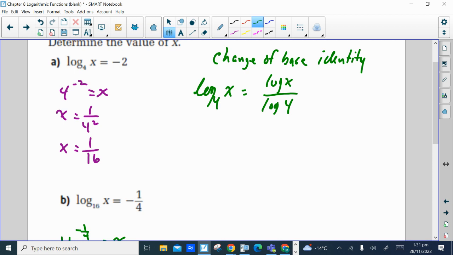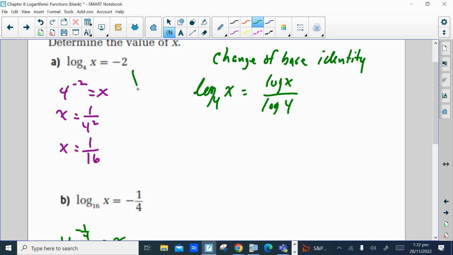Because you see these logs, log x over log 4, there's no base indicated there. So that means they're common logs, base 10. So it allows you to evaluate logs that are a base other than base 10, like this one here. So again, we found our answer to be x equaling 1/16.